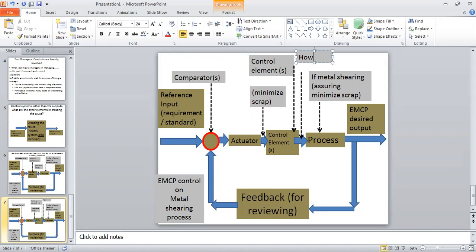How is answered, then actions will be on the processes. Actions. Okay, actions. Then this is assured.